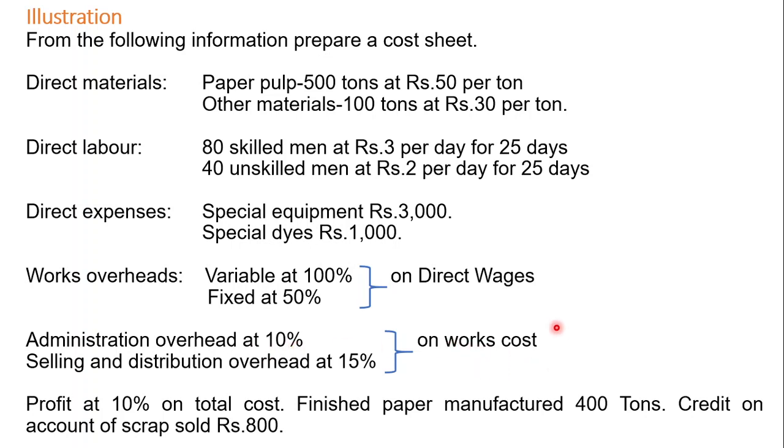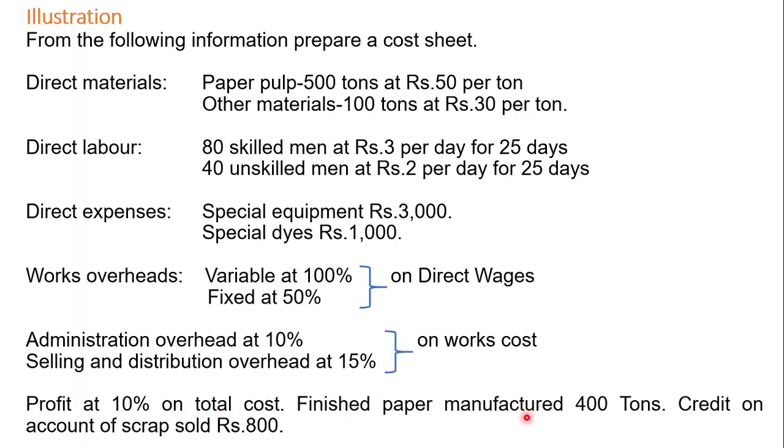So works cost ascertainment is to be made, and after ascertaining the works cost, 10% of which is to be categorized as administration overhead. On works cost only, selling and distribution overhead is also to be calculated at 15%. So whatever we get as a total cost, on which a profit is given at the rate of 10%, that is profit at 10% on total cost.